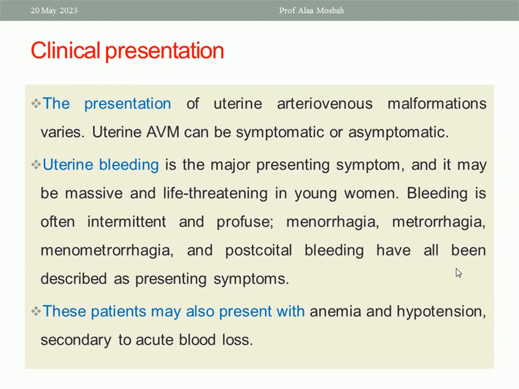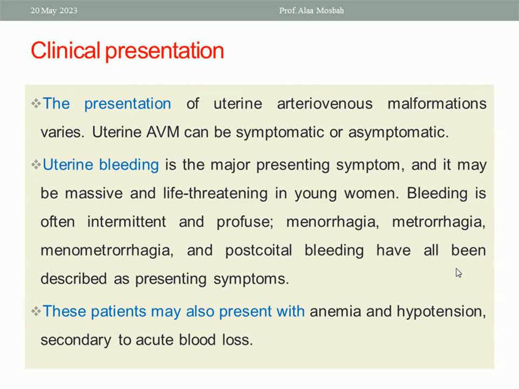What is the pattern of bleeding? Either heavy menstruation, what was called in the past menorrhagia, or irregular uterine bleeding, metrorrhagia, or menometrorrhagia, or even postcoital bleeding. All of these patterns of bleeding have been described as presenting symptoms.